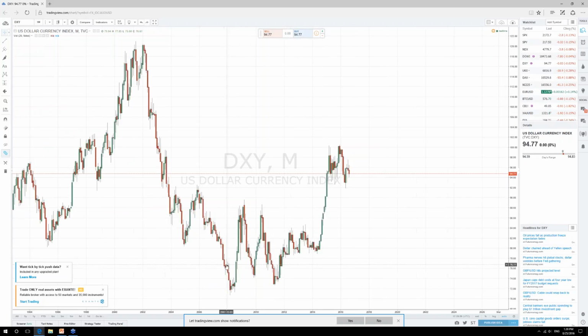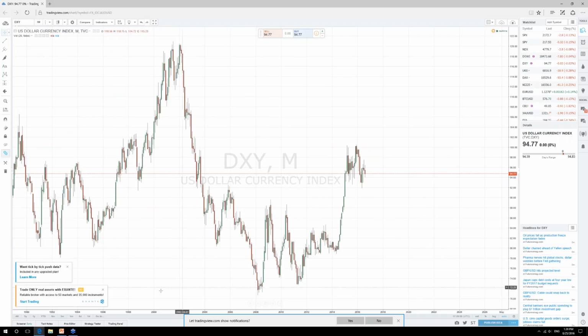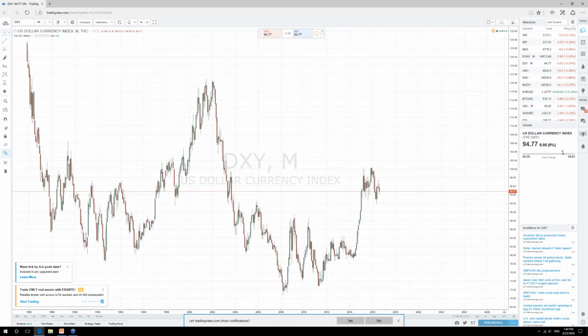Now let's take a look under President Bush, from 2000 to 2008. From when he was elected in November, the US dollar lost its value massively, crazy, up until 2008. We had a bit of a consolidation and a correction, but Bush was basically a disaster for the US dollar value.